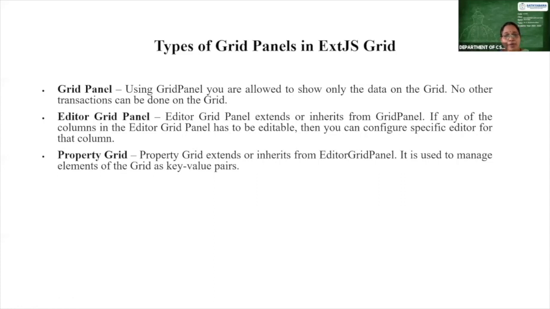What is a key value pair? There will be a key and there will be a value for the key. For example, in the second unit, we studied animal. What is the name of the animal? Cat. So animal is the key, and the value for the animal is cat. So the data will be viewed as key value pairs. That is the property grid.